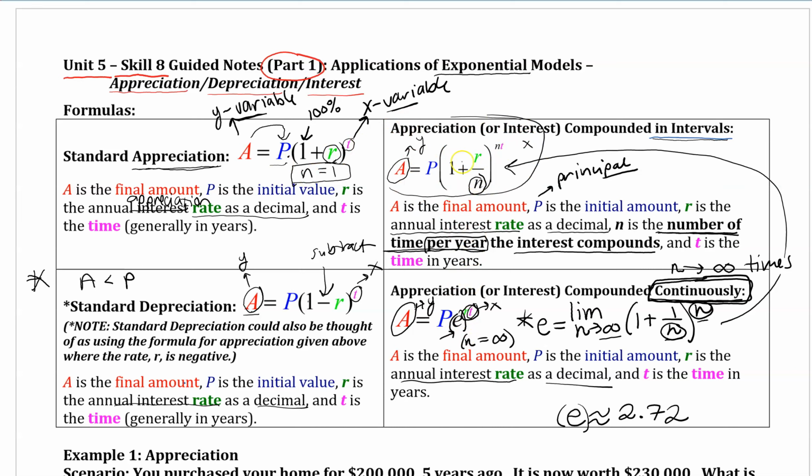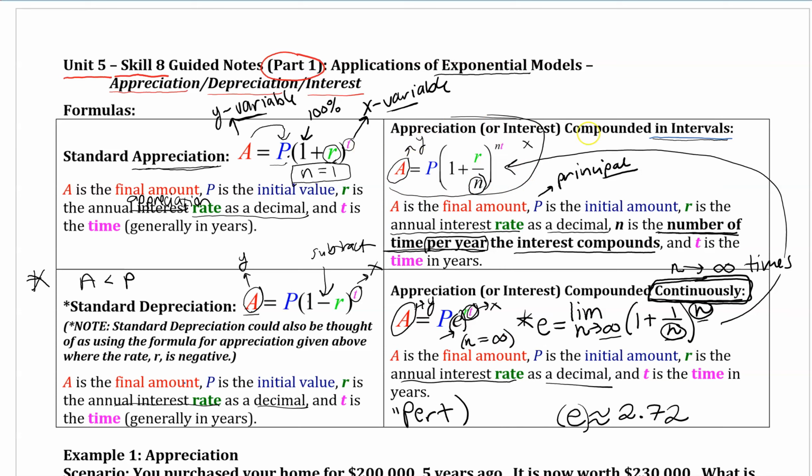And when n is 1, you get the standard appreciation formula. When n is infinity, you get this compounding continuously formula, which sometimes people refer to as PERT, because it's p times e to the rt, principal initial value times base e to the power of r times t. And that's basically this same formula once you've let n go to infinity.